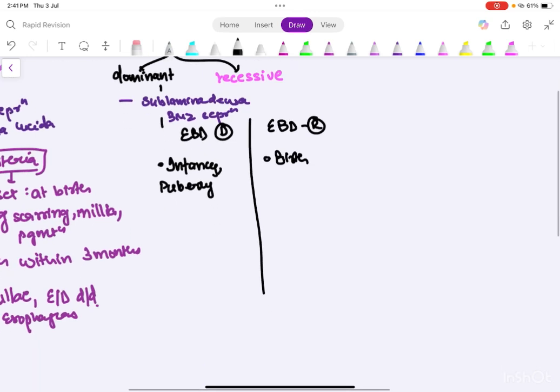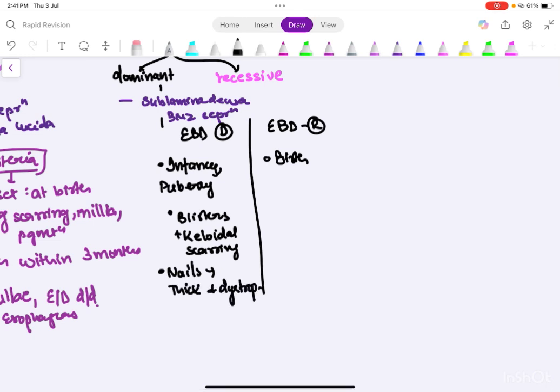Here you have blisters and keloidal scarring. The nails are thick and dystrophic. Eyes are never involved.